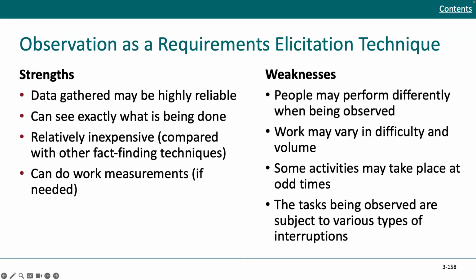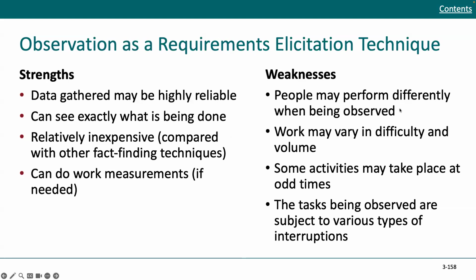So what are the strengths and weaknesses of observation? For strengths, data gathering may be highly reliable. You can see exactly what is done, and that is really good. It's relatively inexpensive, and you can do work measurements to get some quantifiable statistics and various other things.